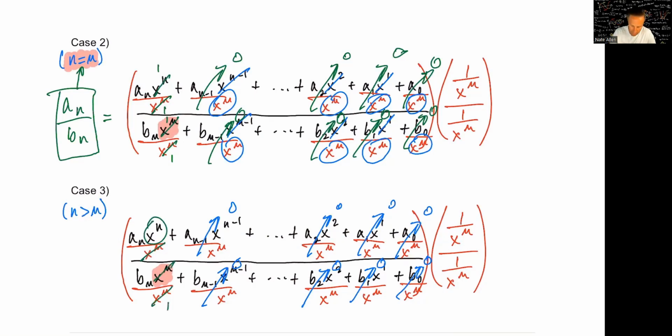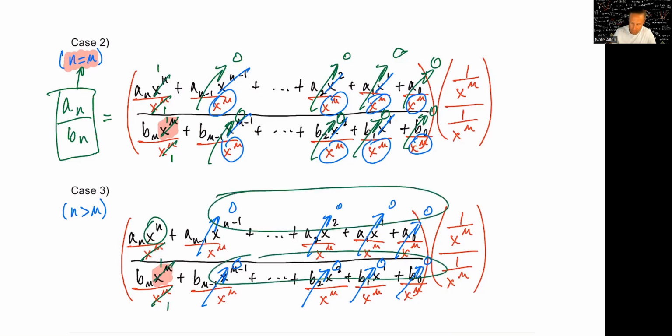All of that is always the same. So because all of this became 0 and all of this became 0, we were left with a to the n x to some number, whether it was a 1 or 2 or however many, over just a number. And when we evaluate at infinity, then we will get out a positive or negative infinity.